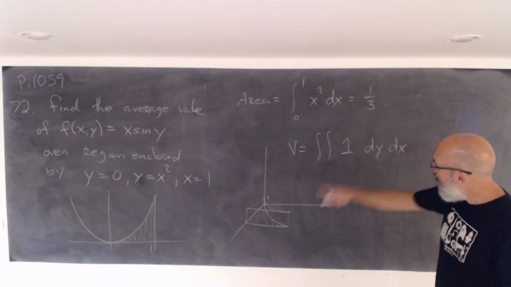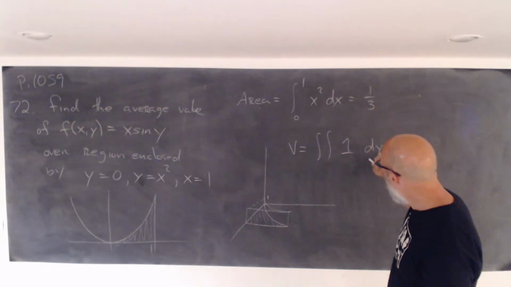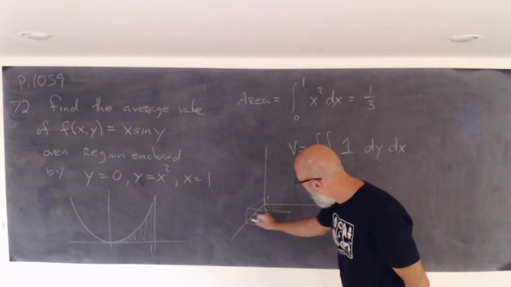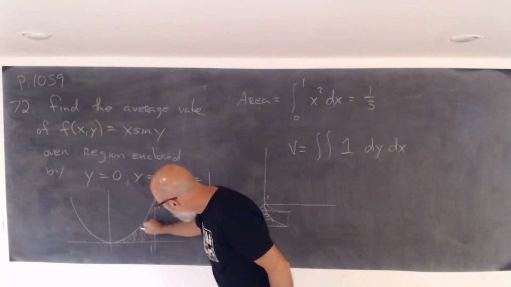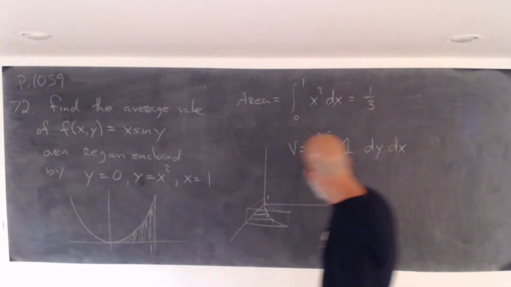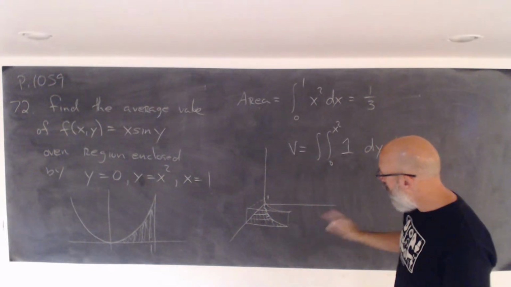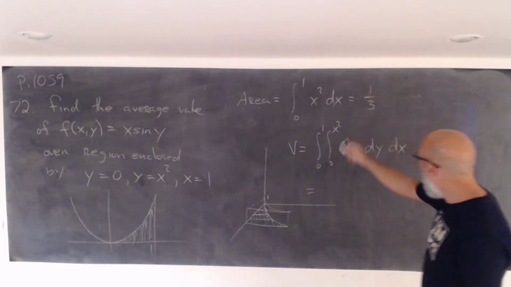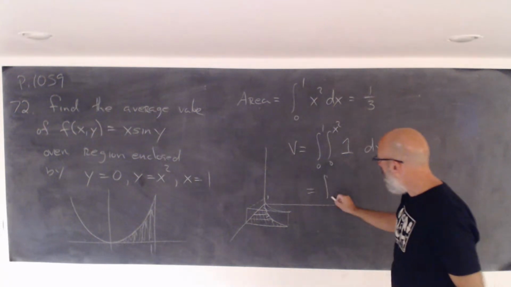So integrating 1 over this region, how would we set that up? Y would vary from 0 to x squared, and then you project onto the x-axis and you get the integral from 0 to 1. Observe what happens here. There is no y, so the integration is trivial.